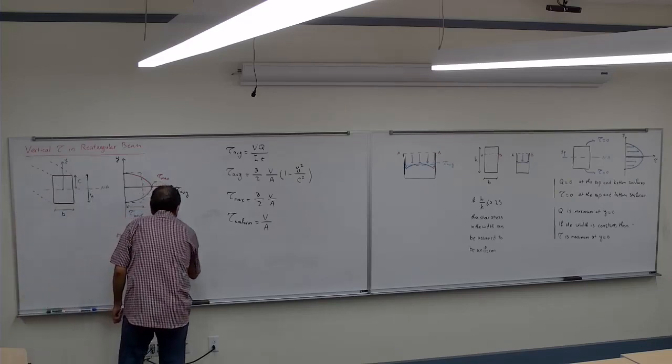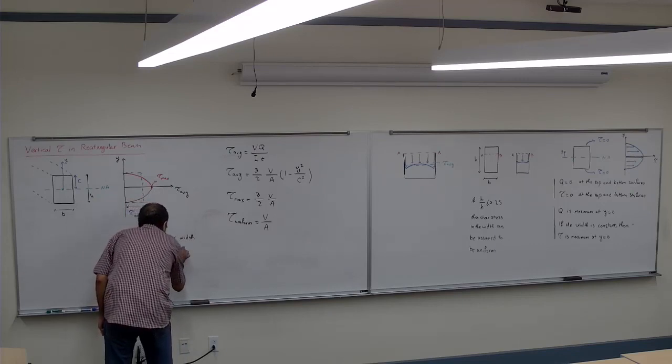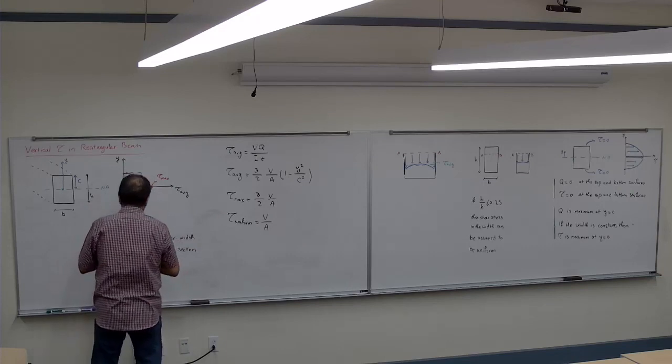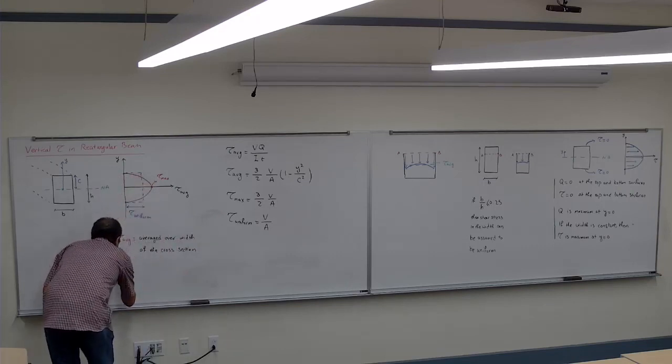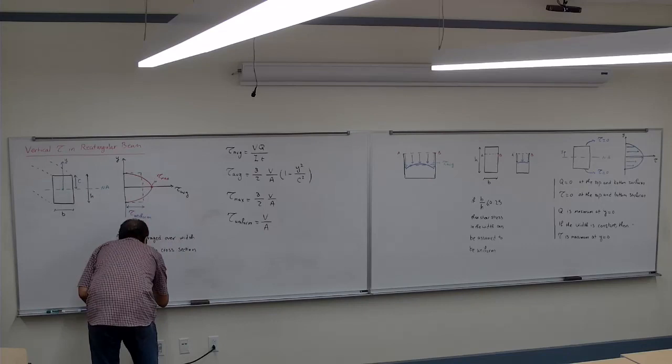Tau uniform is averaged over the height of the cross section.